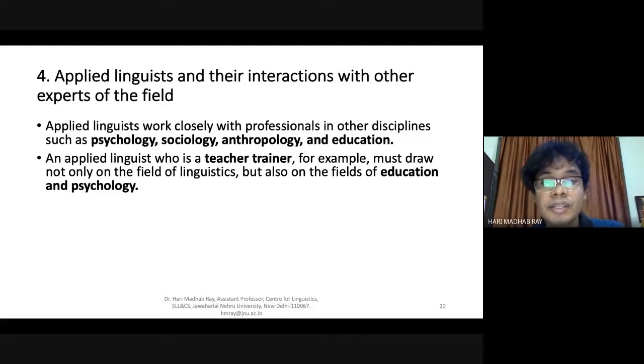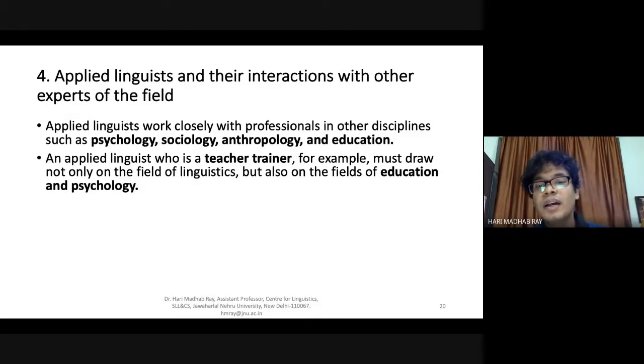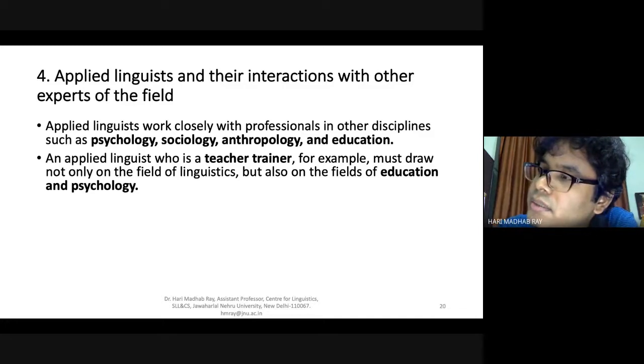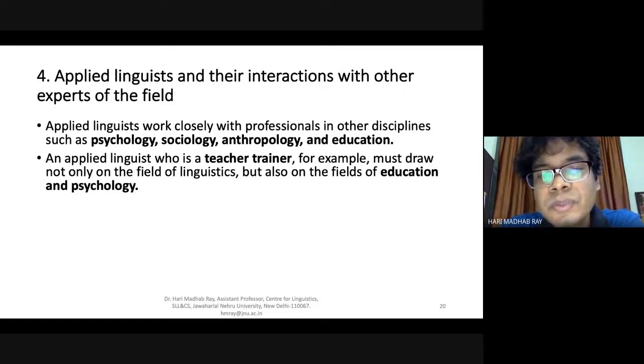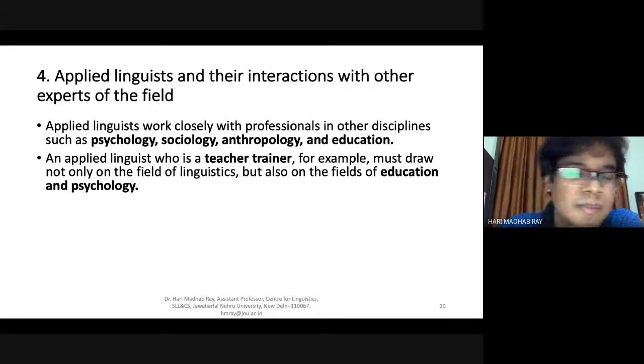I know many people from our department who are teacher trainers, and not only teacher trainers. One of our students trains employees at Google, especially on how to write emails, and he has worked on this. Now he's a faculty member there at IIM.